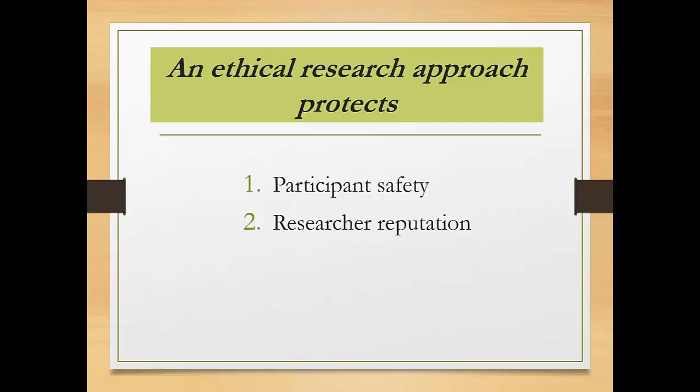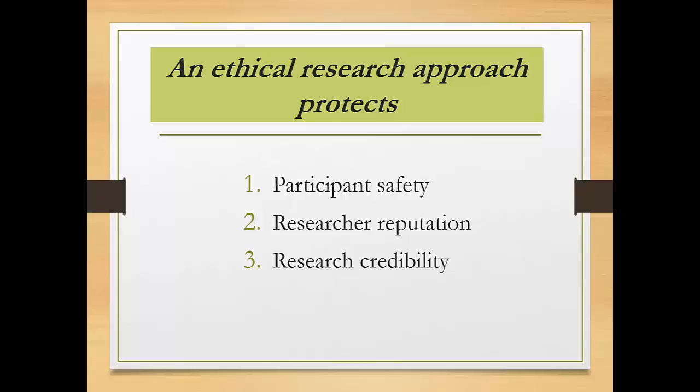The third key reason is credibility of the research findings and the researcher's profession. If the researchers acted unethically, the work they produce might not be credible because people will ask whether the results have been affected by those unethical processes.